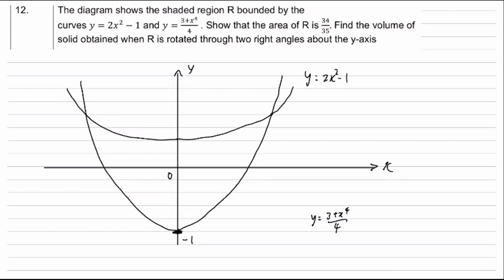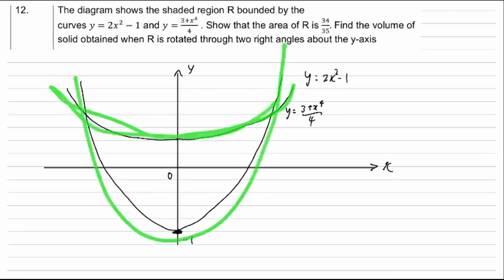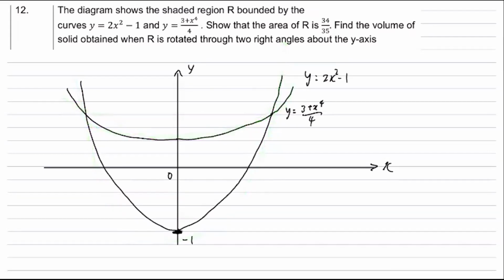So this is y equals 3 plus x to the power 4 over 4. Can you see the two graphs? Okay, good. Then the region R, where is it? It's this region over here, light blue. Inside. This is region R.